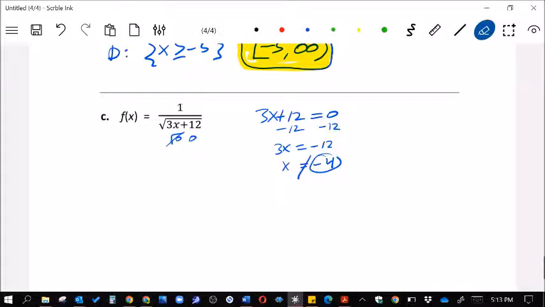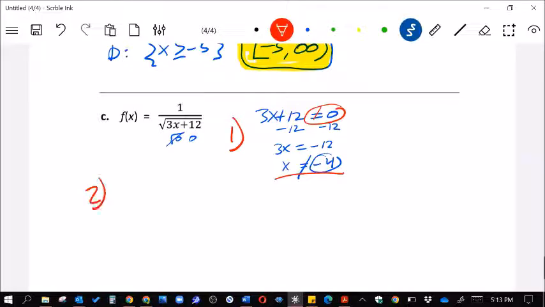All right. So that's one thing. We have to find out where it is not equal to 0, and we just did. The second thing, however, is that we have to make sure that what is in here is greater than or equal to 0. In other words, less than 0 wouldn't be good. Right now, if we didn't have the square root, then a number like -10 would give us -30 plus 12, which is -18.